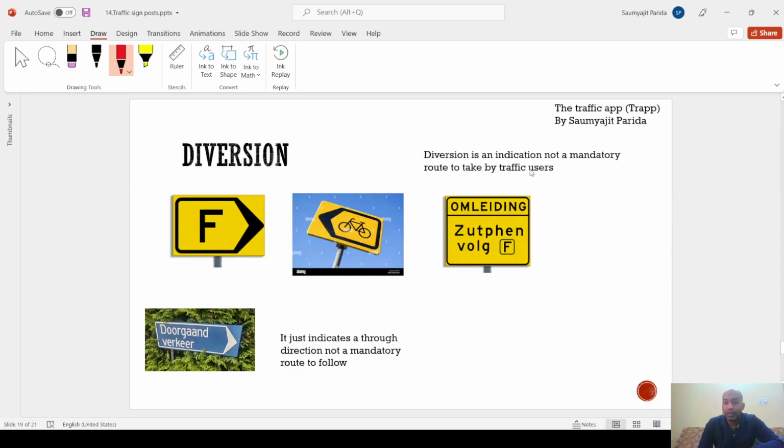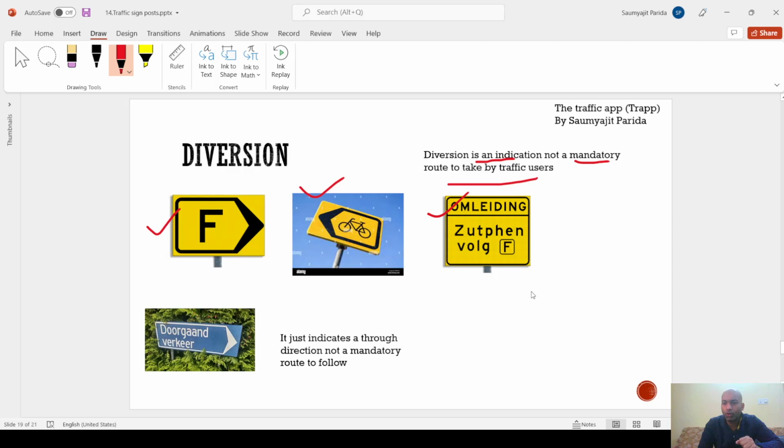Diversions. Okay, diversion. On the road many times you will find this kind of yellow symbols, something like this. Well, the diversion boards are an indication, not a mandatory route to be taken by traffic users.